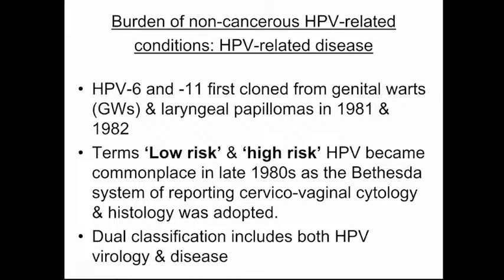So the dual classification implies the attributable cause, whether low risk or high risk HPV types, as well as progression of clinical disease and the pathology, which is an important concept to understand.